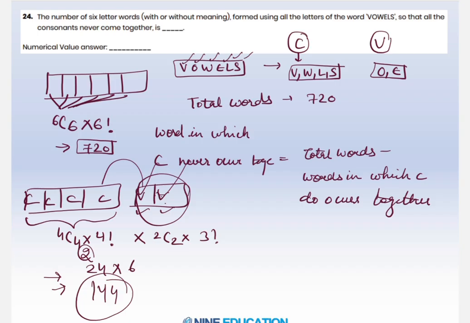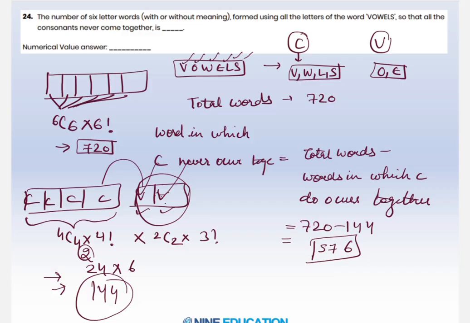So we have 144 words where consonants occur together. Total words minus 144 are the words in which consonants do not occur together: 720 minus 144 is 576.